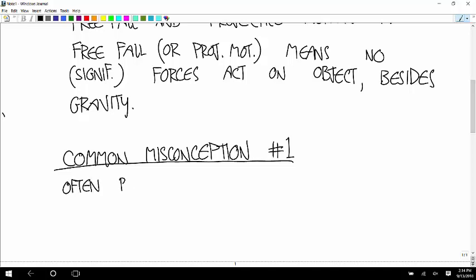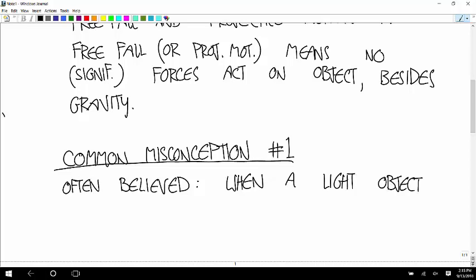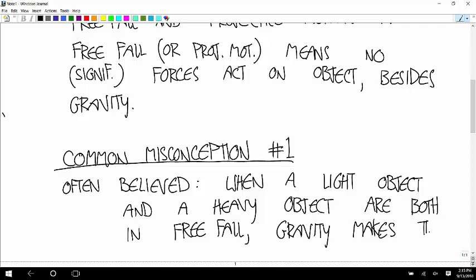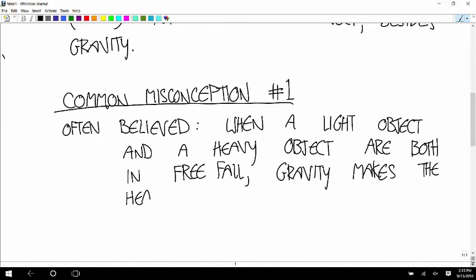So it's often believed that on a light object and a heavy object, both in free fall, gravity makes the heavy object fall faster.